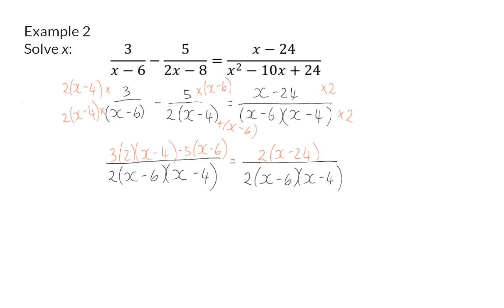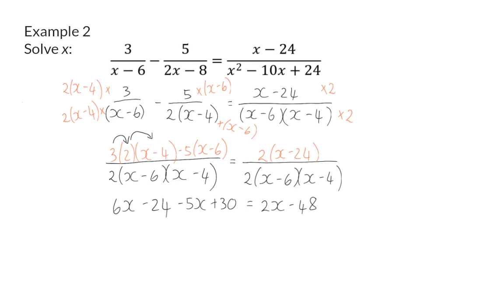Again, because our denominators are now the same, we can accept that the numerators should also be the same, and I'm also going to simplify them now. So the 3 will be multiplied by 2 to get 6, and then multiplied in to get 6x minus 24. Then I'll multiply in the minus 5 to get minus 5x plus 30, and on the right-hand side multiply in the 2 to get 2x minus 48.